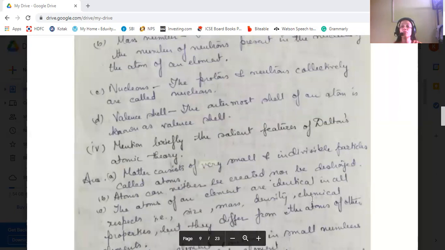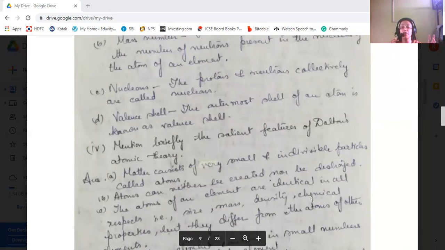Then, mention briefly the salient features of Dalton's atomic theory. One, matter consists of very small and indivisible particles known as atoms. Two, atoms can neither be created nor be destroyed.